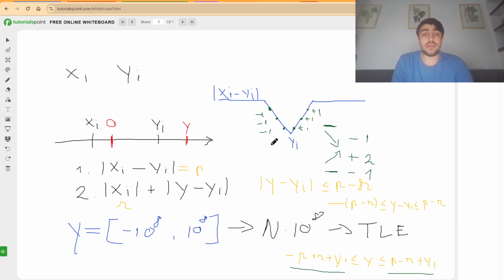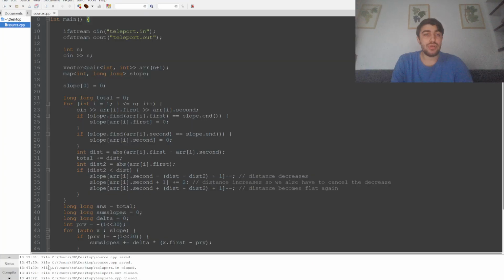Basically, the idea is about thinking of each interval as its separate equation, doing the math to get to the interval where teleporters work well, and then using difference arrays and maps to store the computations. And now let me show you the code.